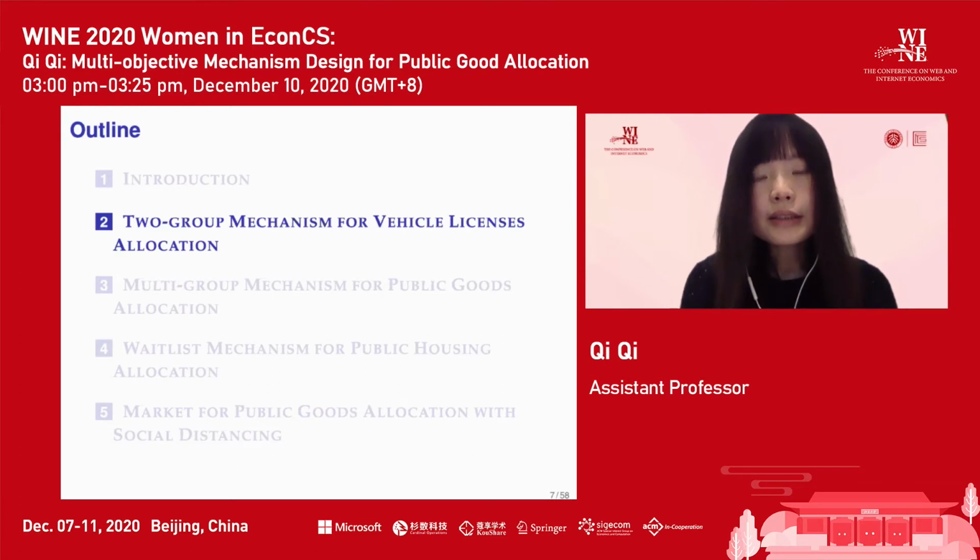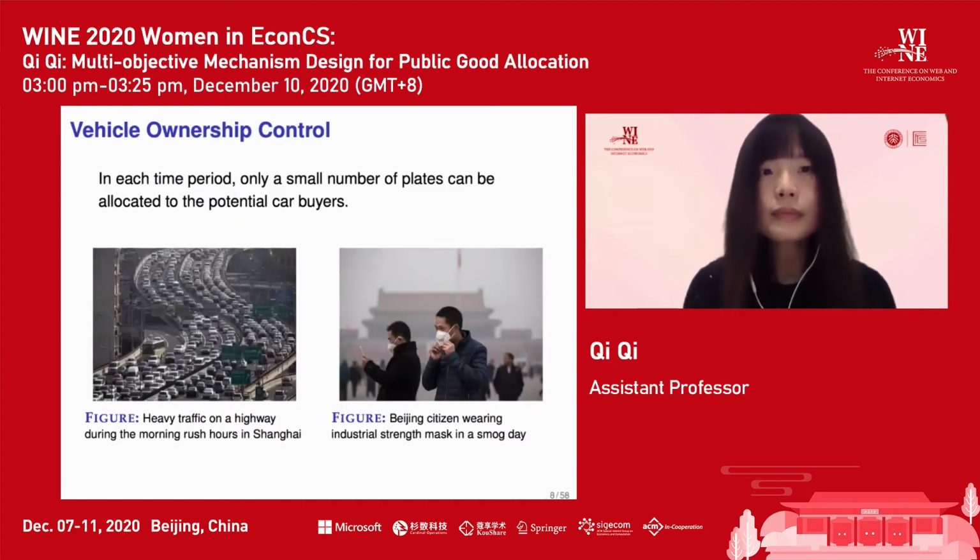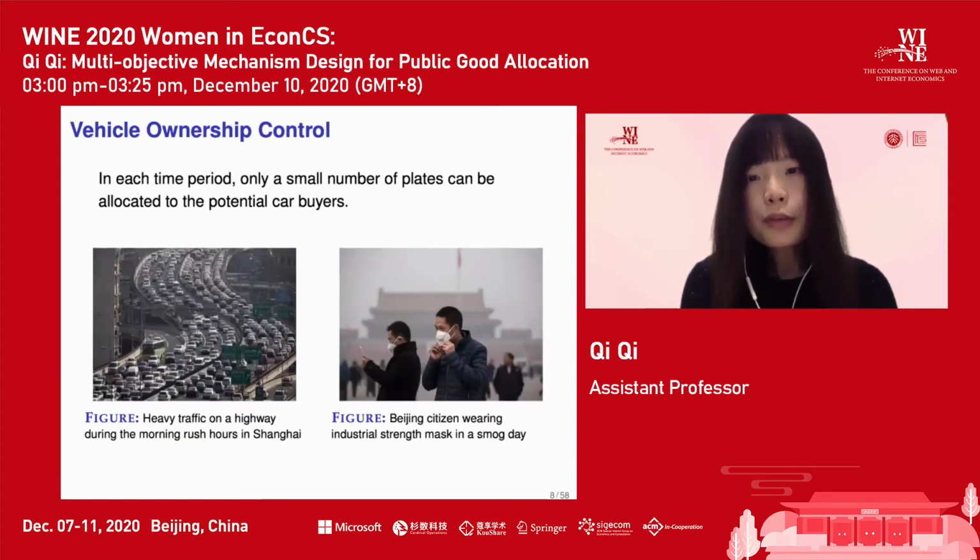Next I will spend more time on the applications. The first real problem where we apply multi-objective mechanism design is the vehicle license allocation problem. Some of you may already be very familiar with the mechanism currently used in China.